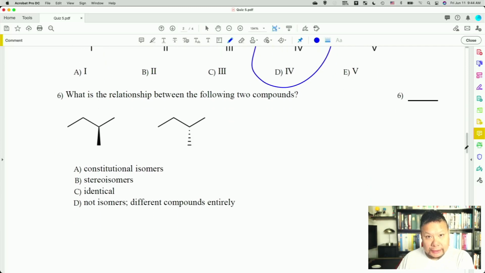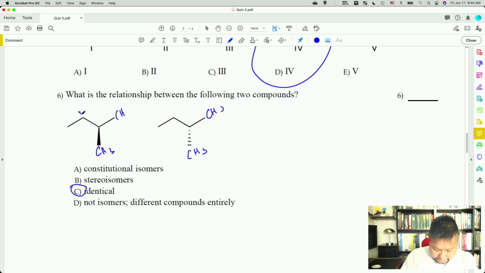What is the relationship between these two compounds? These two are actually identical. You would at first think that these would be enantiomers of each other because they have up-facing and down-facing substituents right there. But remember, this is just a CH3, this is a CH3, that's a CH3.